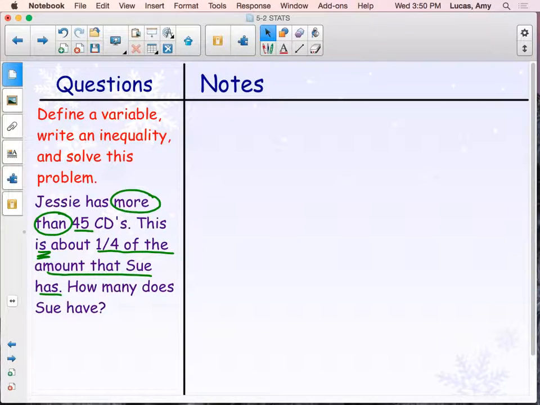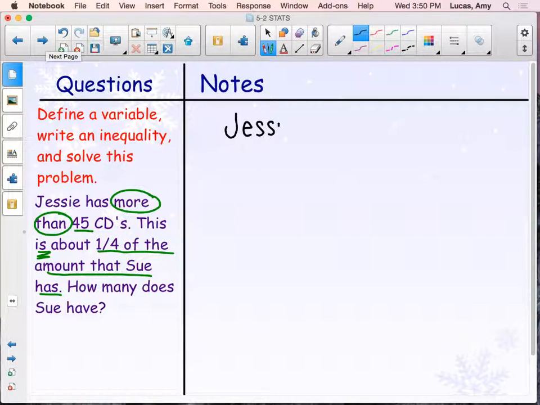Okay, so I'm going to think about this. Jessie's CDs are about 1/4 the amount that Sue has. So Jessie's compared to Sue's, and we're trying to find Sue's CDs. So I'm going to use S for Sue.